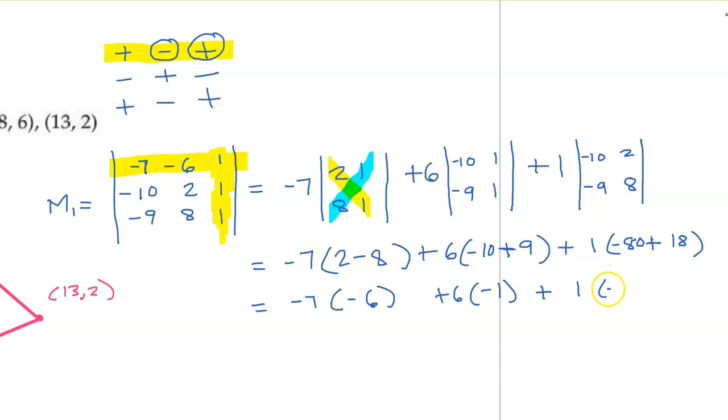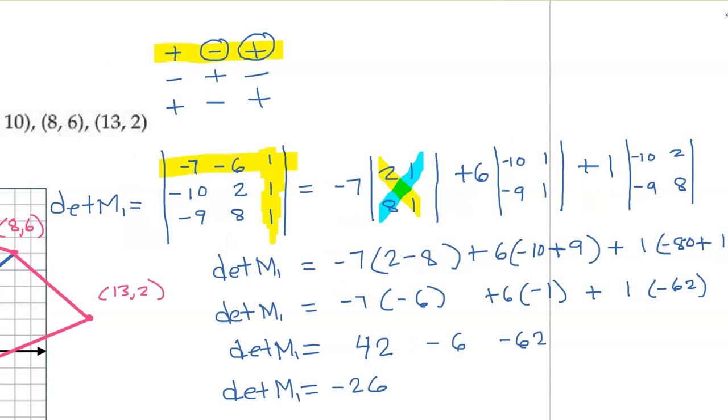So that's going to be -62. All right, so that's going to give us 42 and -6 and -62. So that's going to give us -26.